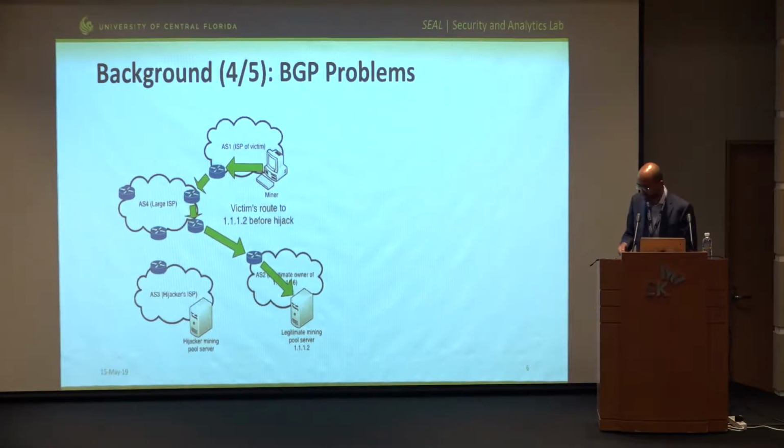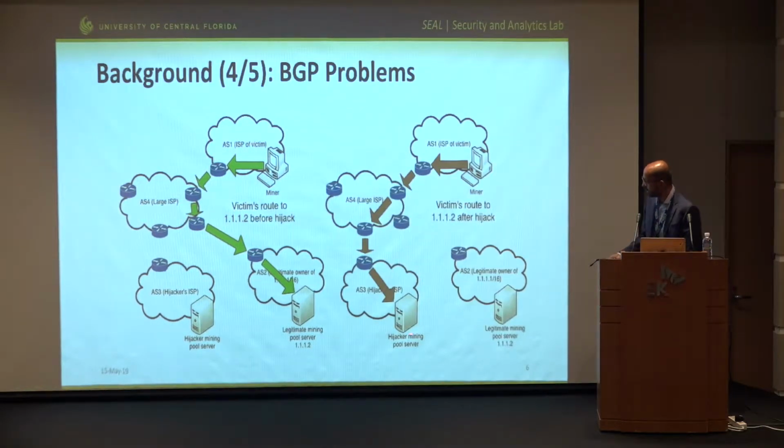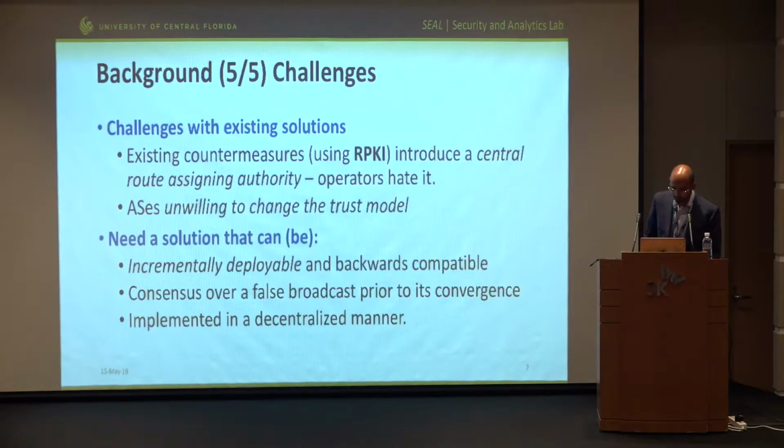Now let's assume that there is a malicious player on the internet that wants to claim the legitimate mining pool server. All they need to do is just announce that the original IP address 1112 is reachable from them, and then if it happens to be a favorable destination, they will be able to route all the traffic to it. That's what we call BGP hijacking.